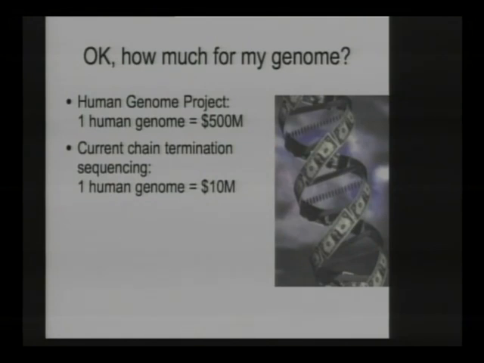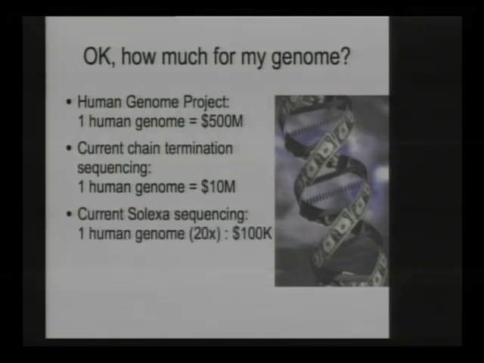The method invented by Sanger, the chain termination method, which was used there, is still available, of course. Also, we threw all the machines out right now. And thanks to Craig Venter and his shotgun sequencing, cost is down to about $10 million for one genome.